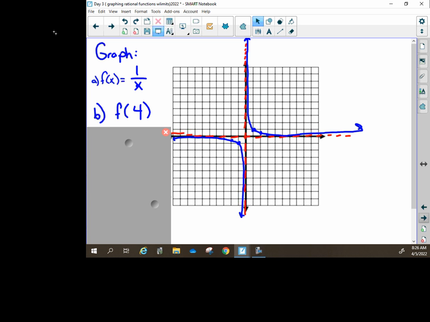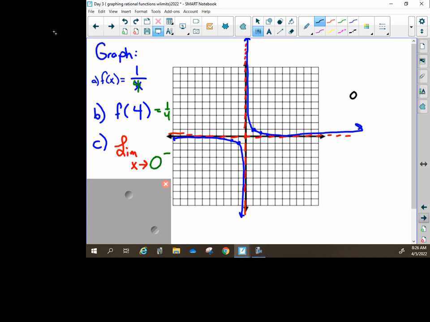Okay. So here we go. We have 4. So we come over here to 4. If I come over here to 4, I'm at a height of 4. Now let's approach 0 from the left. Okay, so I'm going to have my little mobile right here.